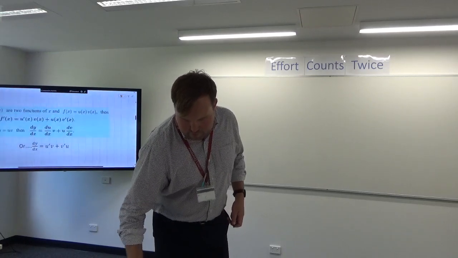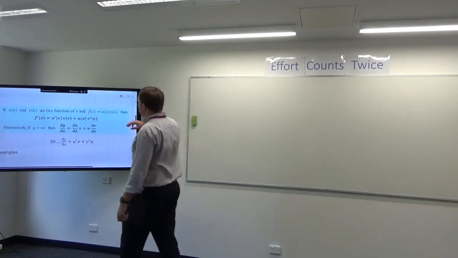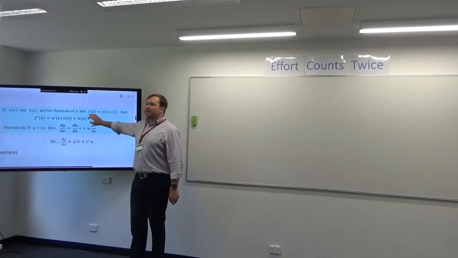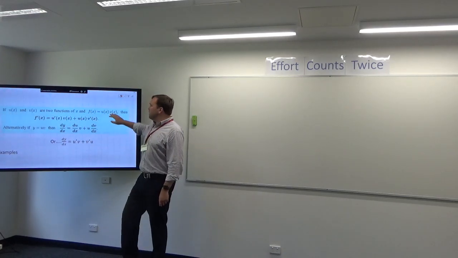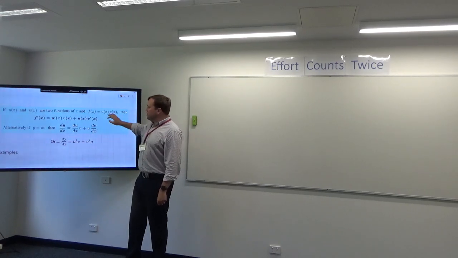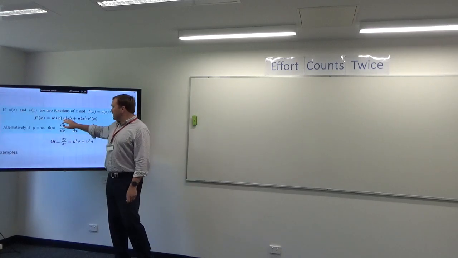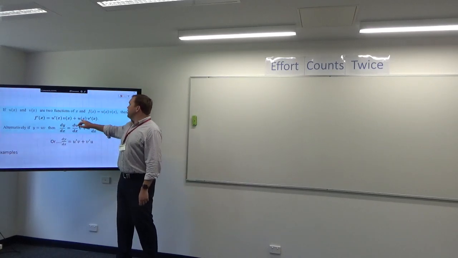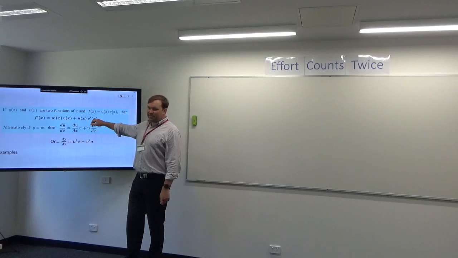So the blue box is straight from the book, and the blue box is saying when you have a function of x that is one function of x multiplied by another, u of x times v of x, the product rule is such: u dash v plus u v dash.